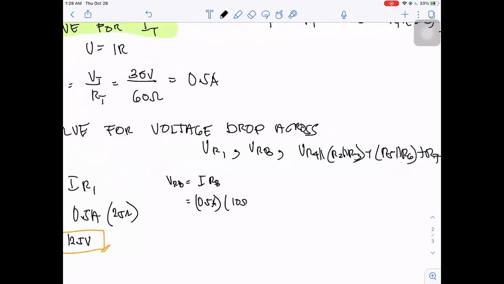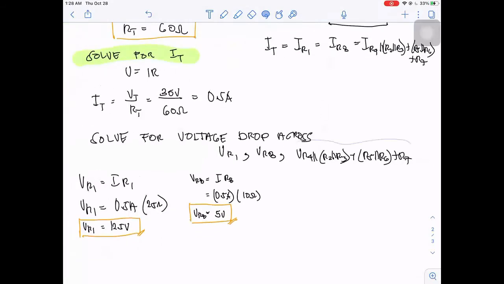So 10 ohms, that is equal to 5 volts for VR8. After that, we can also solve for the voltage across the equivalent resistor.